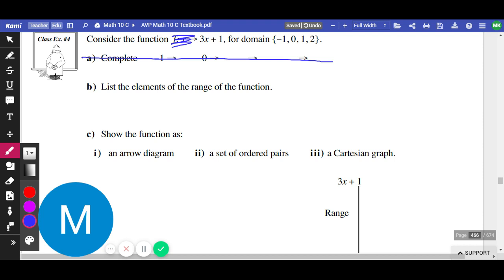When people see these questions on tests or assignments, they kind of freak out. Like, I don't know what you're talking about. So you need to remember what domain and range mean. And remember, we did a whole lesson on it. Domain means X values. Range means Y values.